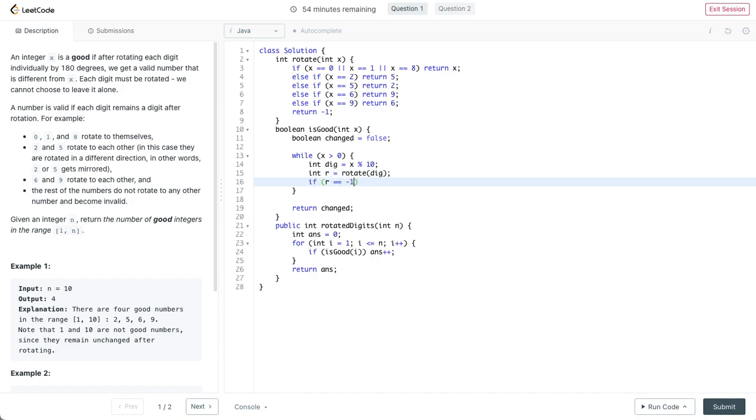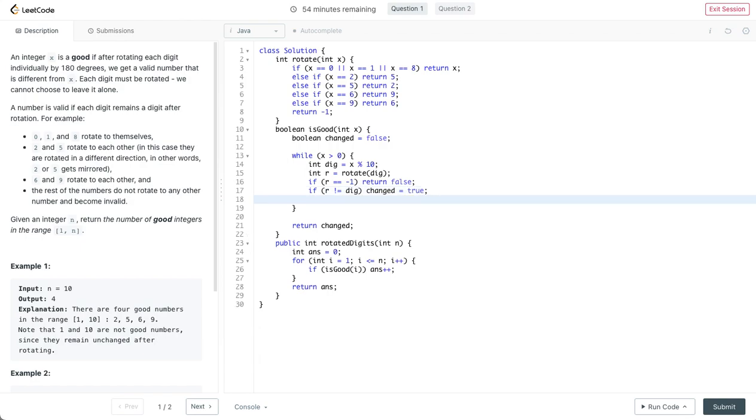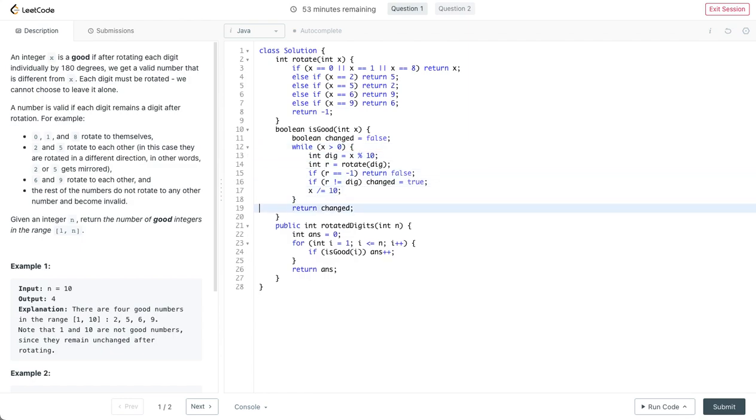If r equals -1, you just return false first, and if r is not equal to digit, changed equals true, and then we're going to look for the next digit. Something like that. Okay, should be good enough.